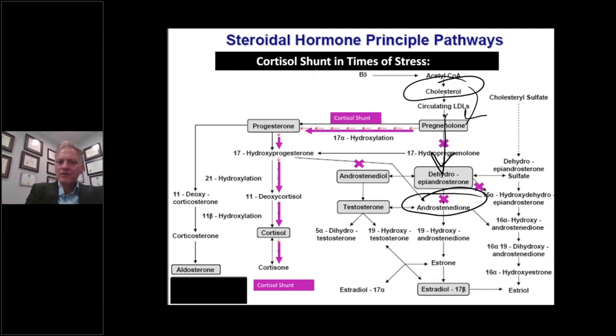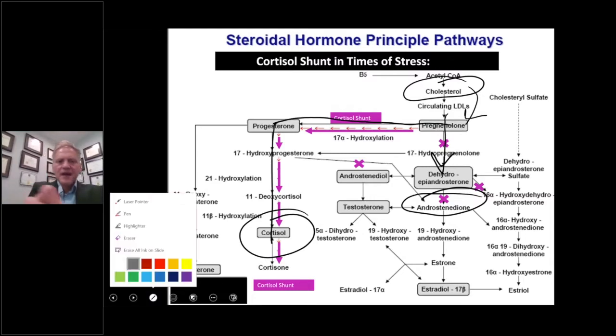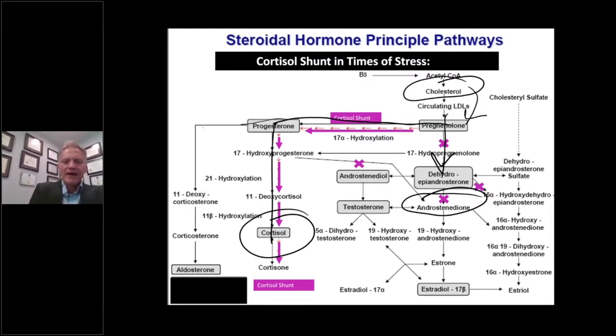Well, pregnenolone is also going to go this way down to progesterone. This is not the progesterone that we think of as progesterone. This is actually 17-hydroxyprogesterone, and it goes down, and that's where you make cortisol. Another thing pregnenolone does is it'll go down and it'll actually make aldosterone going down this pathway.